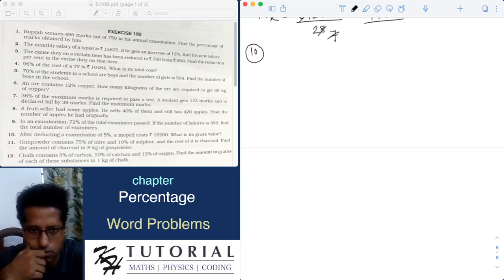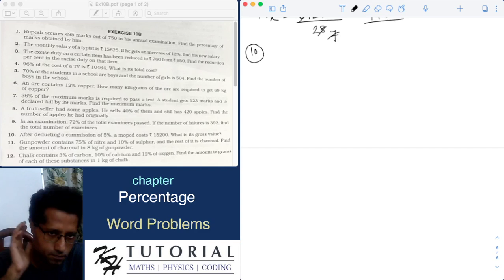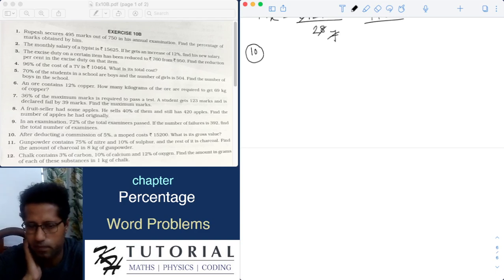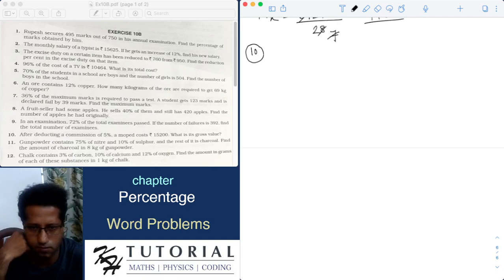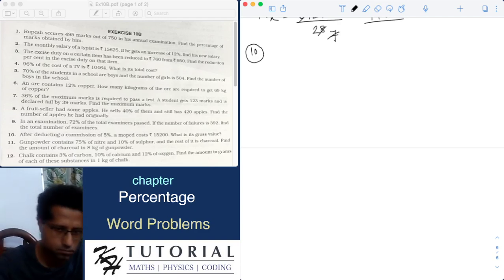After deducting a commission of 5%, a mocked costs... okay, whatever that mocked is. So it is saying that if the cost was reduced by 5%, the cost becomes rupees 15,200. So what was its original cost?